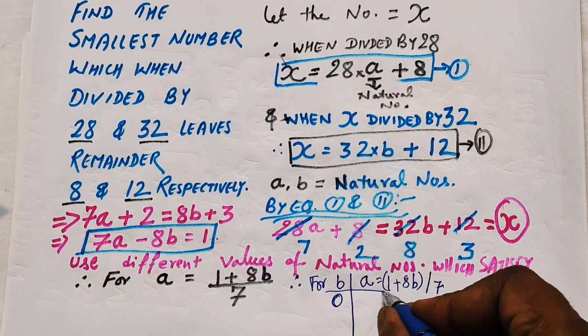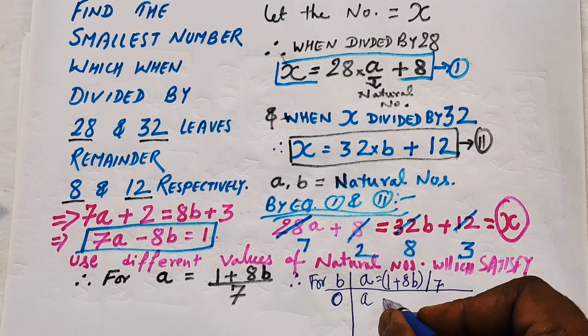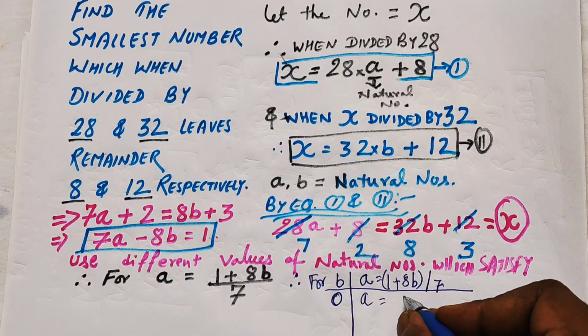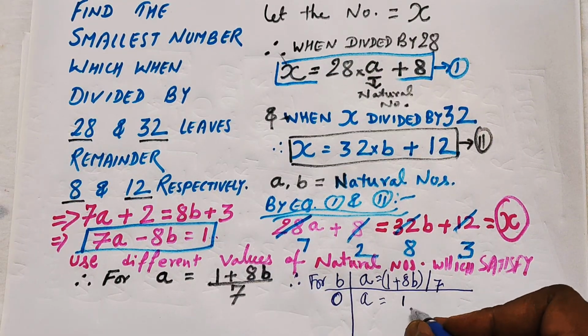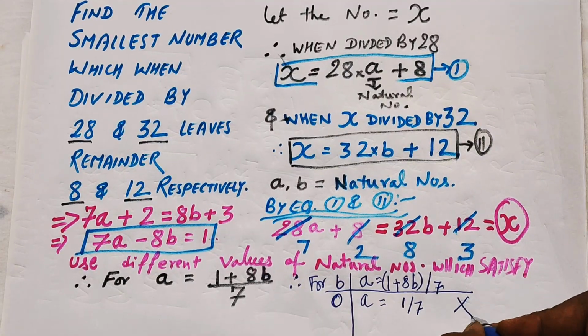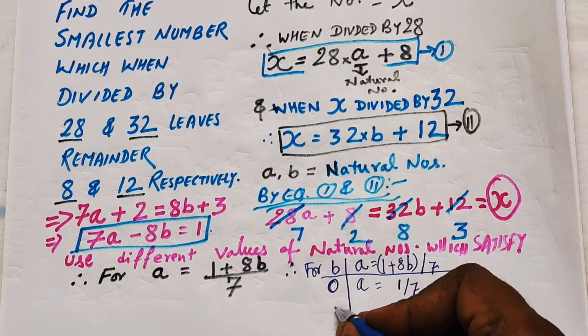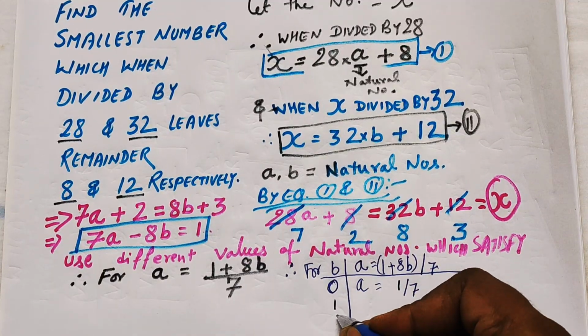Then what will be the value of a? A will be 1 plus 8 into 0, that is 1, divided by 7. So for b equal to 0, a is coming as 1 by 7, which is not correct because 1 by 7 is not a natural number, right?